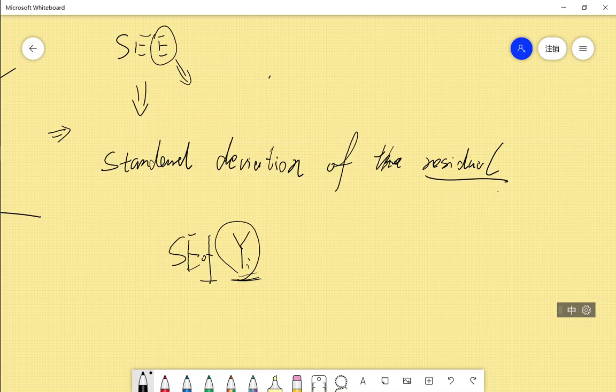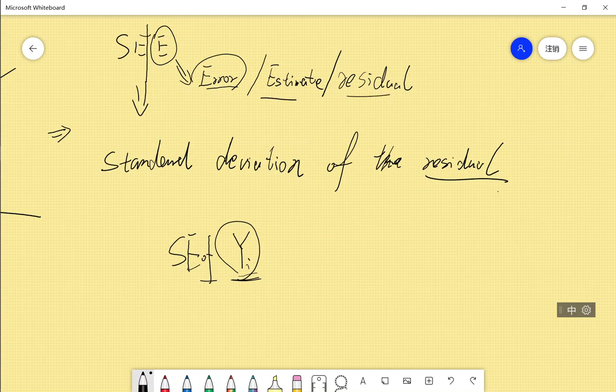You can calculate that from the SE. E means error or estimate, and residual. So you can put all that into the same box, the same room in your mind, and when you encounter the abbreviation like this, all these words jump to your mind.